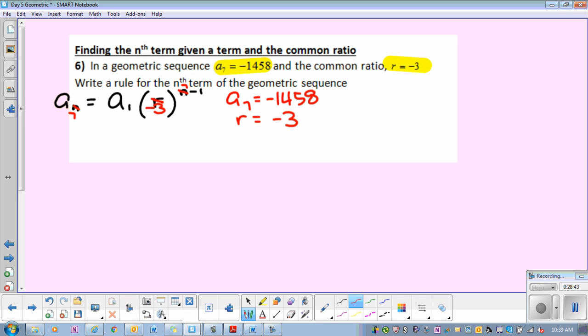But the thing is, you can't have these two a's here. Do you know what a sub 7 is? What is the 7th number? Look, a sub 7 is negative 1,458. So then that equals a sub 1 times negative 3 to the, what's 7 minus 1? 6.